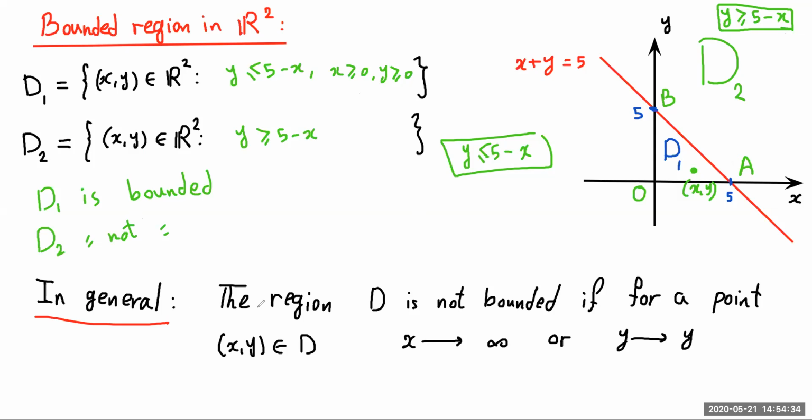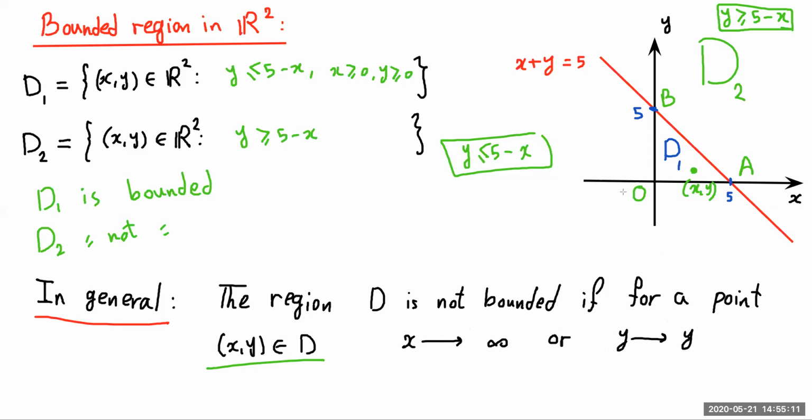So in general, the region D is not bounded if for a point (x, y) in the region D, x could go to infinity, or y could go to infinity, or both of them together could go to infinity. We can explain this in another way. In general, the region D is bounded if we can sketch a circle that contains this region.